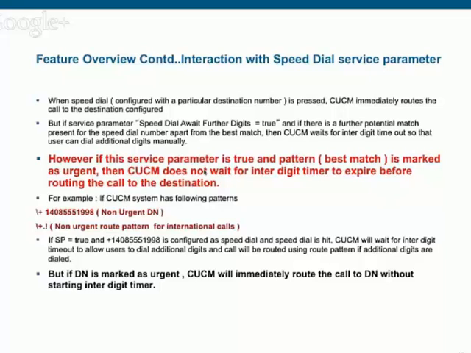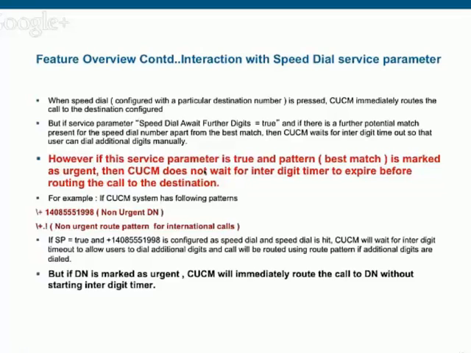So that basically translates to, if this service parameter is true and you use a speed dial and the pattern that's matched is marked for urgent priority, in that case, CUCM will not wait for the interdigit timer to expire. It will not wait for that time of 15 seconds, which is something that you can actually configure, but by default it's 15 seconds. So it's going to route the call immediately.